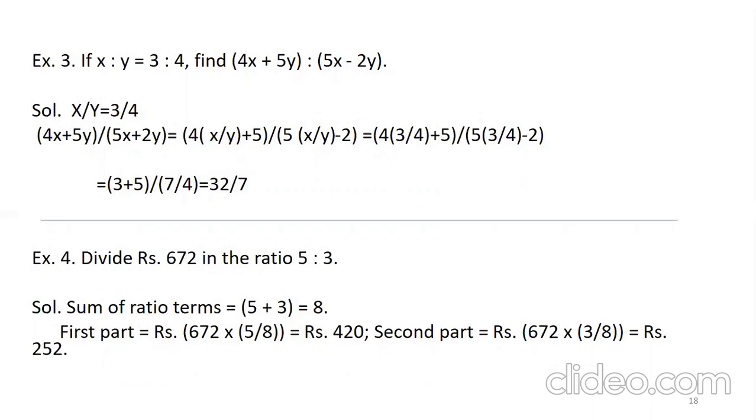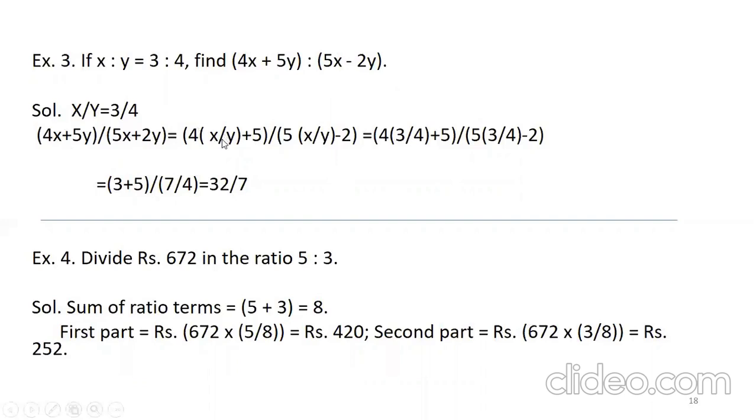Third example, if x is to y is equal to 3 is to 4, then find 4x plus 5y is to 5x minus 2y. So now what we will do, first of all, the value we require can be written as 4 of x by y plus 5. How are we doing it? We are dividing by y on the numerator and also on the denominator side.